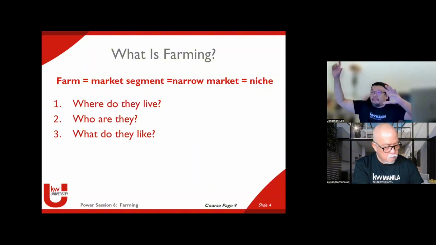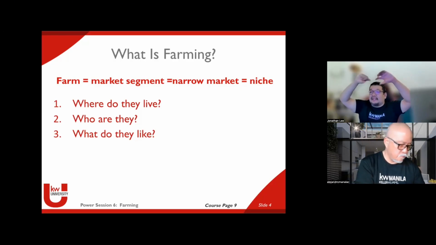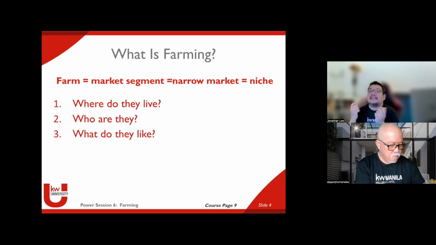So I put myself on the map and I draw, this is my main GTA, geographical target area, and the neighboring areas that have similar characteristics, that have similar people that potentially would like it.